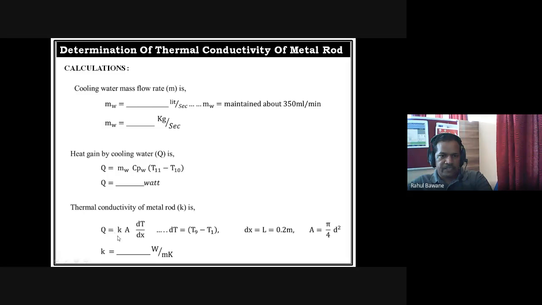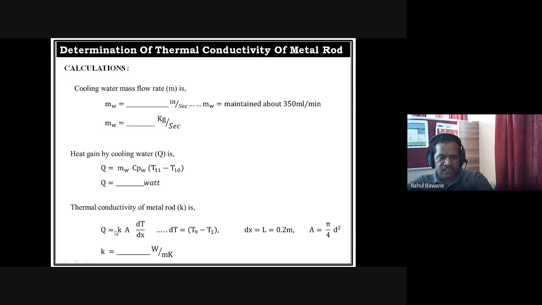We are interested in finding the thermal conductivity. Q we already calculated from the heat gain by cooling water. For the area, the cross-sectional area, the diameter is provided, so we can find the area as pi by 4 d squared. For dx, the length is the test length, 200 mm, so it is 0.2 meter. Now dT is the temperature difference, T9 minus T1.